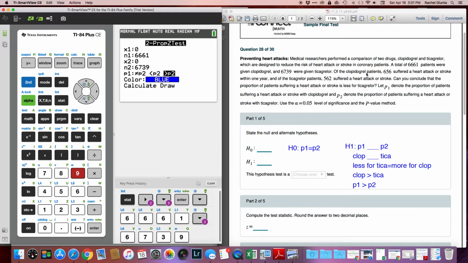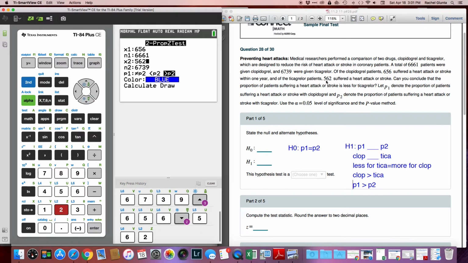And then it goes back to the CLOP patients, and this is the X number for CLOP, which is 656. So back up here, and then the X number for TICA is 562.